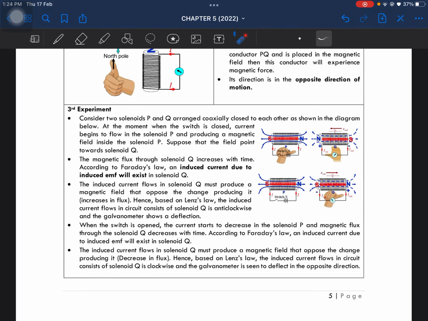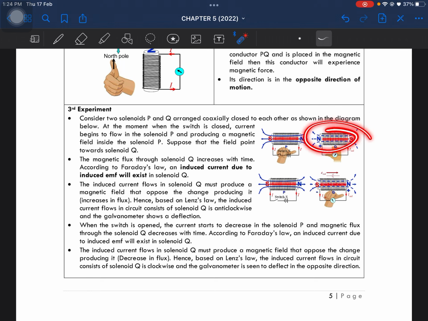There are two solenoids P and Q arranged coaxially close to each other. At the moment when the switch is closed, current begins to flow in solenoid P and produces a magnetic field. Suppose that the field points towards solenoid Q, so it goes through solenoid Q, and the magnetic flux through solenoid Q will increase with time.